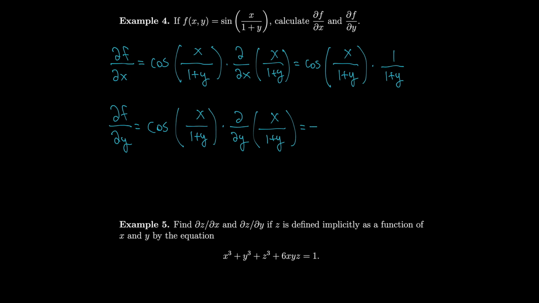So we'll take the minus out. We have cosine of x over 1 plus y, and we have 1 over 1 plus y squared with the minus over here. So we keep our x, our constant, and we put 1 plus y squared in there.